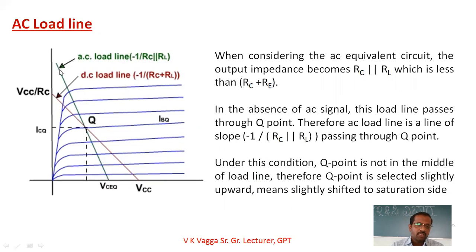It has moved nearer to saturation, and the impedance RC in parallel with RL has to be considered, so it takes the shape in this way. Under this condition, the Q point is not in the middle of the line, so observe very carefully. It is not exactly in the middle for the AC load line. The Q point is slightly shifted to the saturation side for the AC analysis. This is about the AC load line.